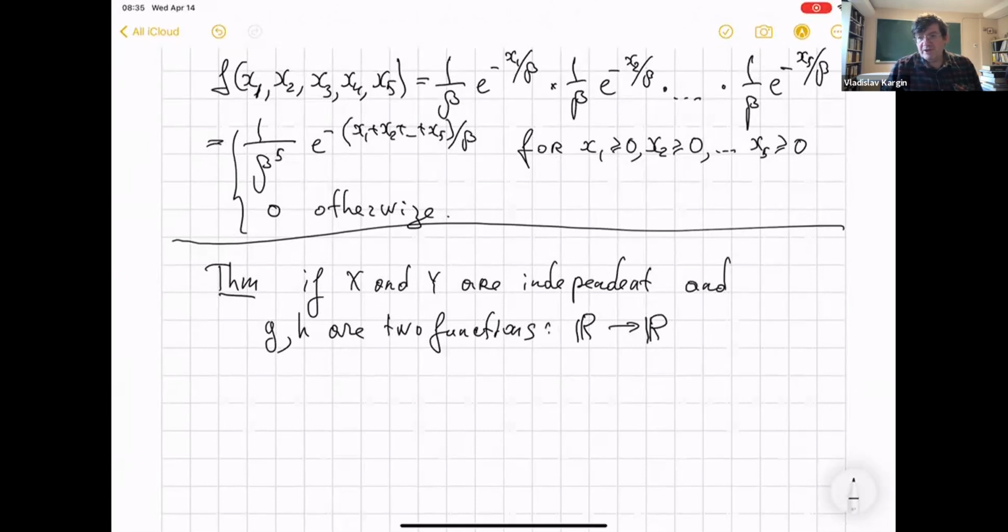there are some requirements on these functions, but it's almost any function. There is a thing called measurability, but almost every function, every continuous function, is okay.